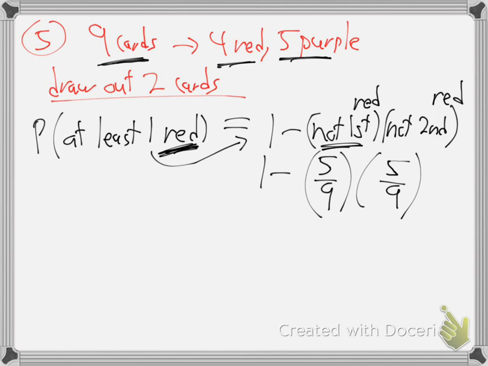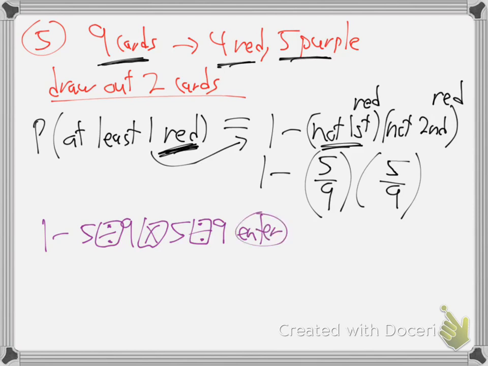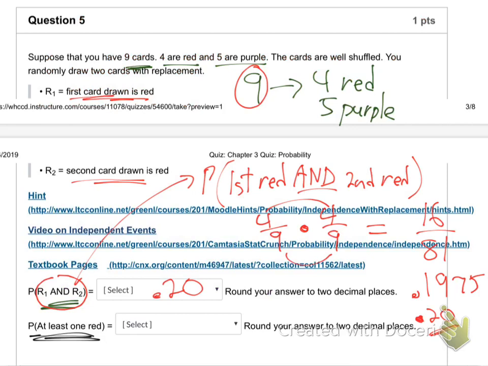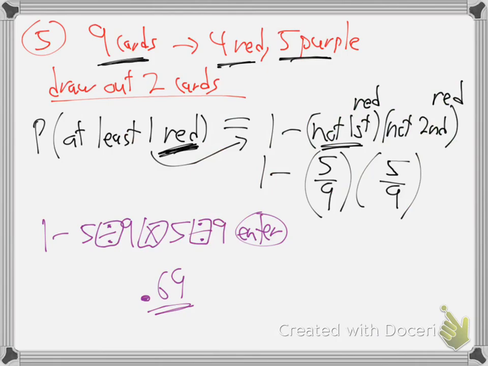So you could just type in 1 minus 5 divided by 9 times 5 divided by 9 and hit enter. And I'll do it too. And I'm getting, for me anyway, 0.69. If they only want 2 places, 0.69. Do they want 2 places? Yeah, 2 places. So for mine, it came out 0.69.